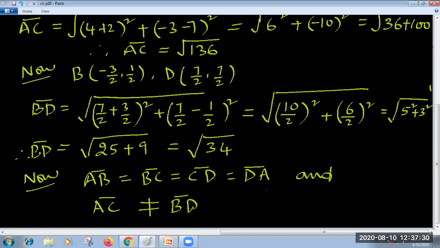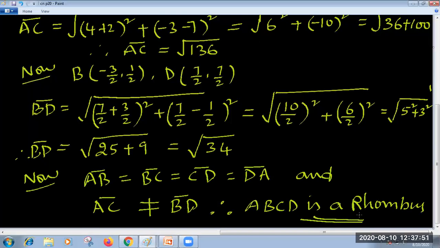So sides equal, diagonals not equal. Therefore, we can infer that ABCD is a rhombus. ABCD points are vertices of a rhombus.